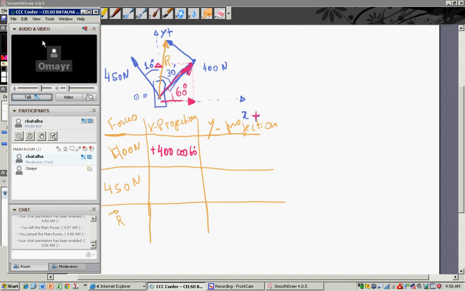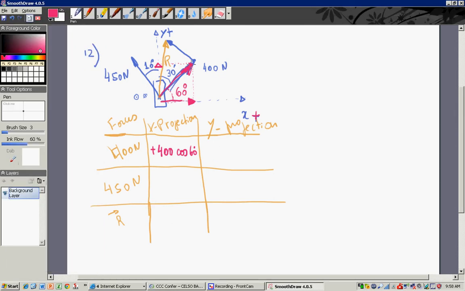So you have sound, and now you can see my screen probably. Okay. So how do I project in y? You take the head of the vector and bring it to the y-axis, and then from there we see the direction of the projected vector is the positive direction, so it's going to carry a positive number, 400 cosine of the angle between the vector and the axis, so cosine of 30.